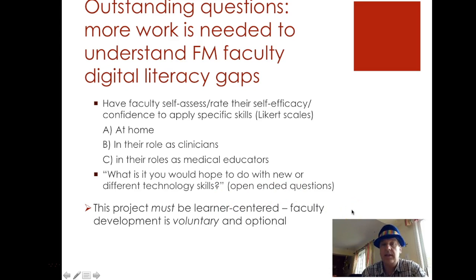And I think once they see this in action, they'll be able to participate and give a lot more idea of what they need. But it has to be learner-centered, and this faculty development in our department is all voluntary and optional, so it has to be kind of fun and driven at their pace.